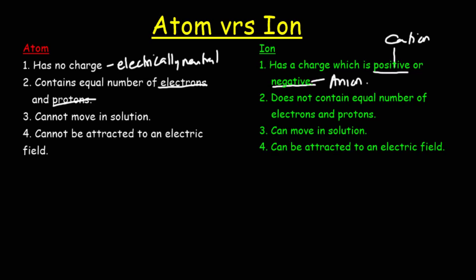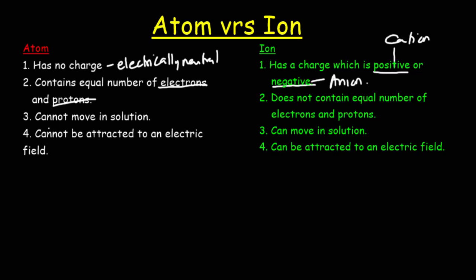On the other hand, if the atom loses an electron, it means that there will be excess protons over electrons, and hence the number of electrons and protons will be different. So for every ion, there is no equal number of electrons and protons.